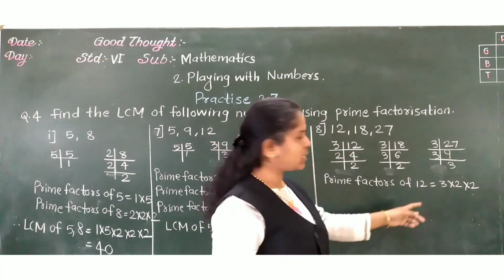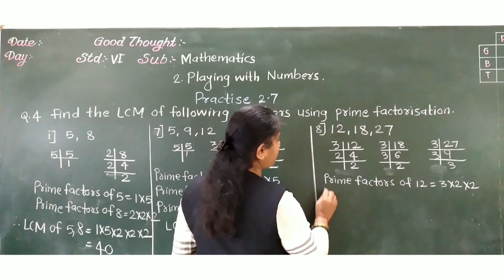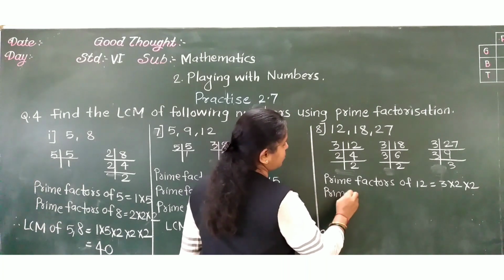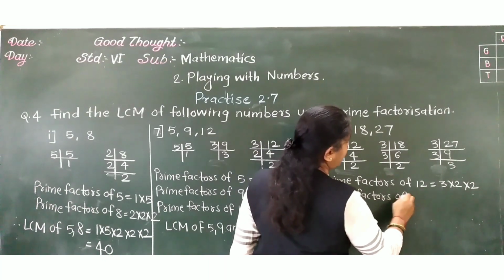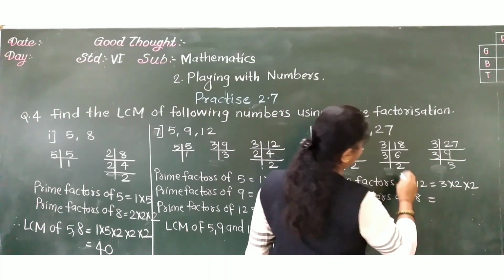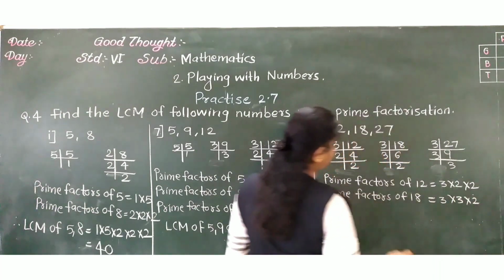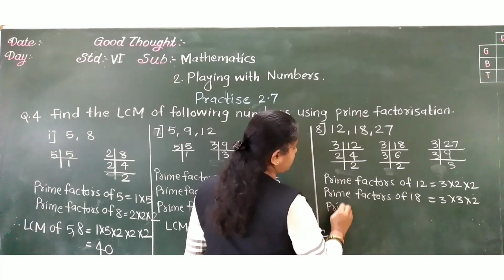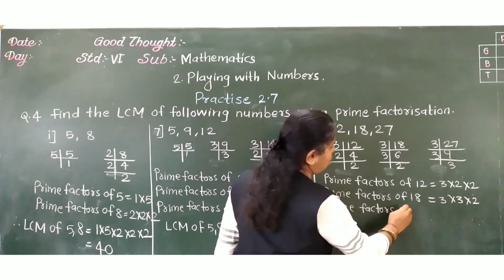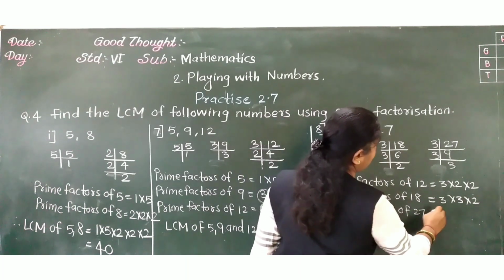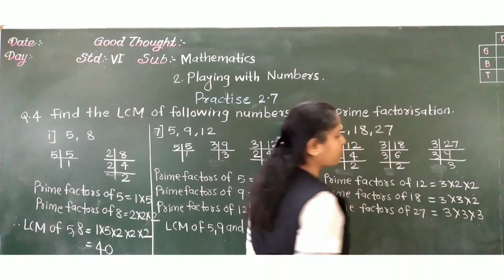See whether it is correct or not. 3 sixes are 18, 6 twos are 12. Next, prime factors of 18 is equal to 3 into 3 into 2. Next, prime factors of 27 is equal to 3 into 3 into 3. Okay.